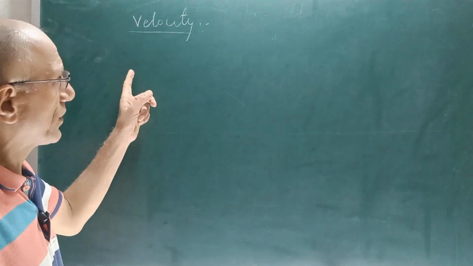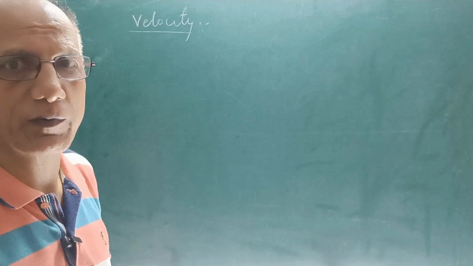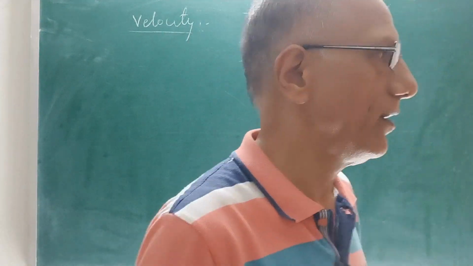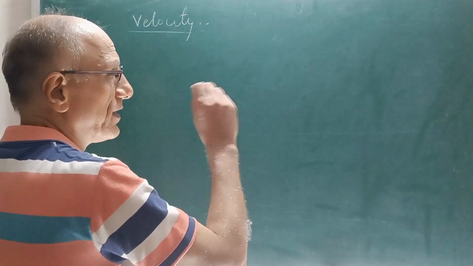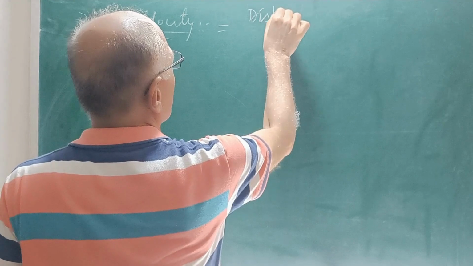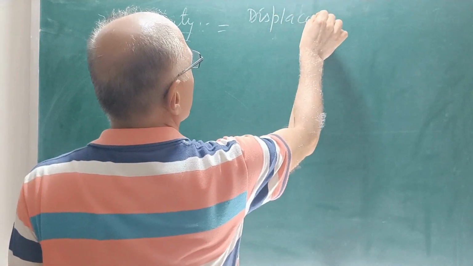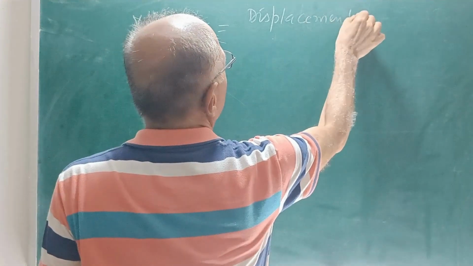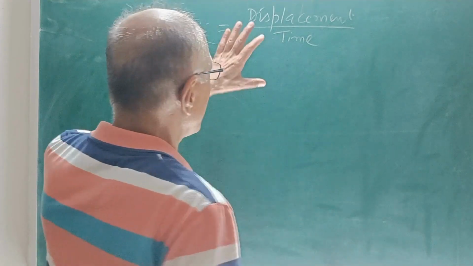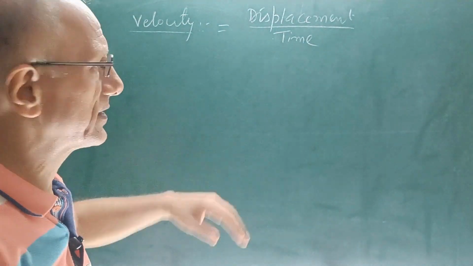So velocity is the displacement per unit time, or you can say velocity is displacement upon time. We will define this after this.